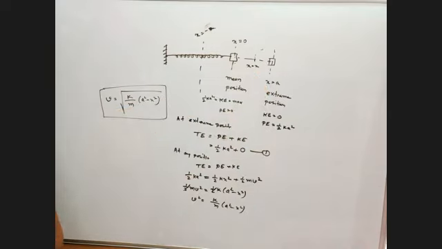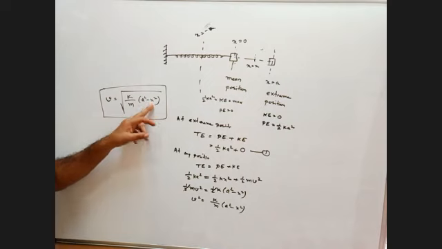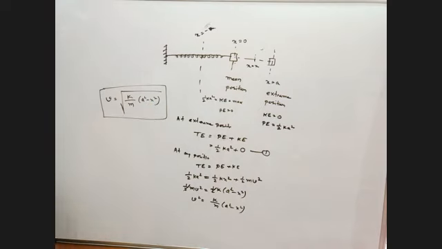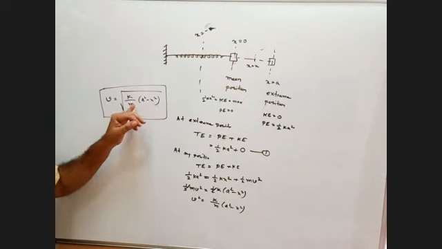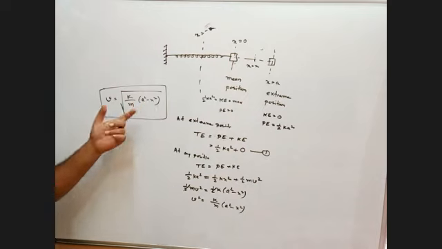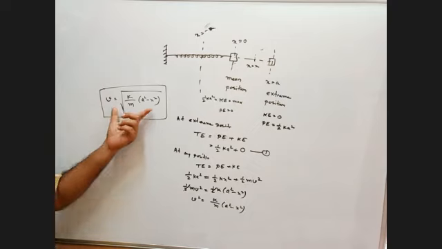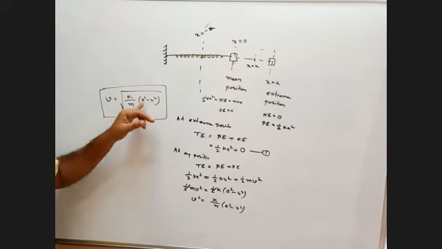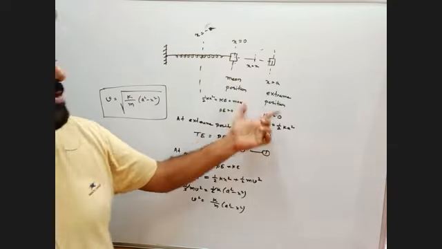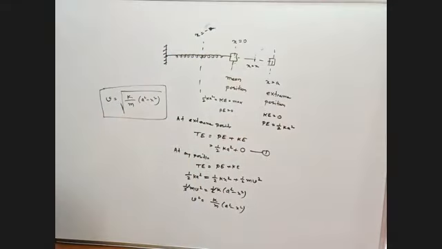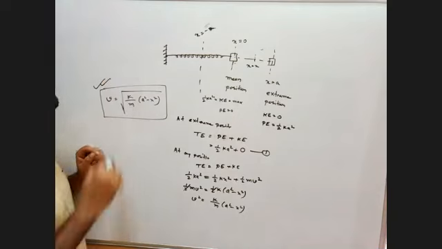Mean position, right? So at the mean position you directly get the maximum velocity. And if x equals to a, a square minus a square is 0, velocity is 0. Yes, sir. So this velocity expression is very, very important.